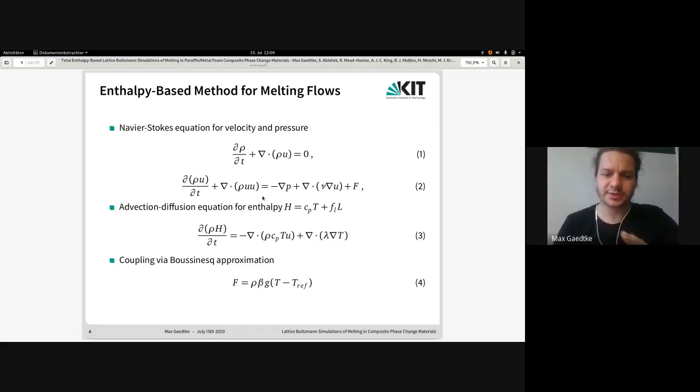Very special about this equation here is that the time derivative is a function of the enthalpy, whereas the convection is a function of the sensible heat and the diffusion is a function of the temperature. So keep that in mind if you go for a Lattice Boltzmann algorithm, because you need to apply some tricks to get this actually solved. And we couple via the Boussinesq approximation for natural convection.